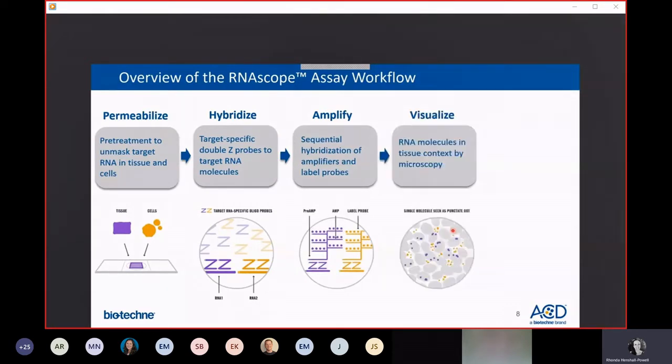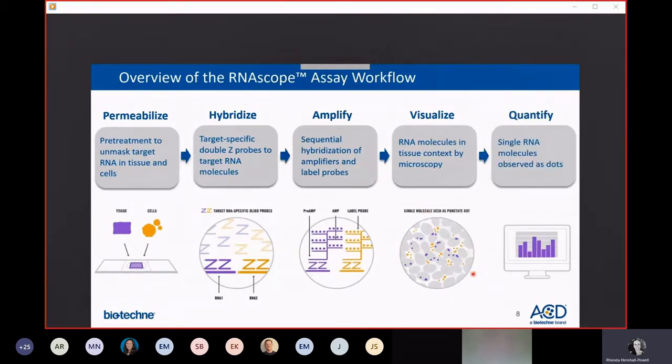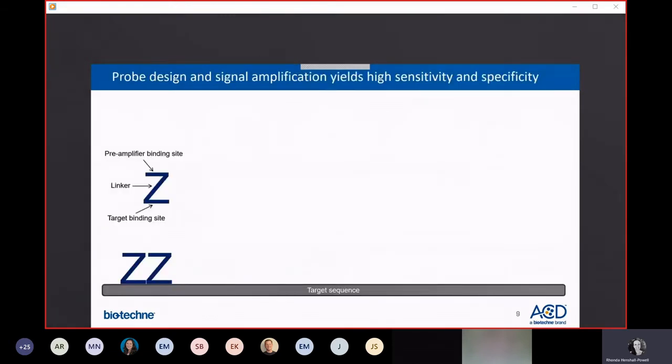And this generates such a high signal-to-noise ratio that RNA molecules are visible as punctate dots at the end of the day, which are quantifiable with image analysis software. And this assay can be used to visualize messenger RNA, but also long non-coding RNA, even splice variants or highly homologous sequences.